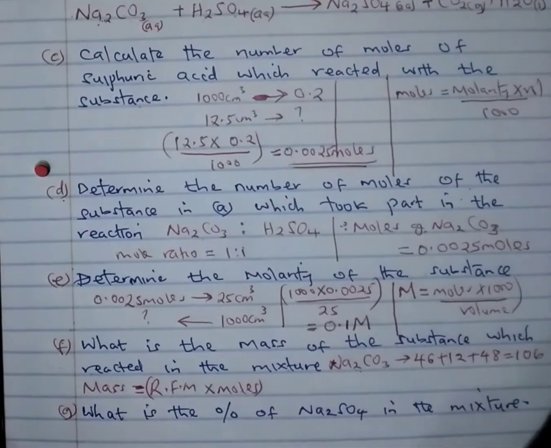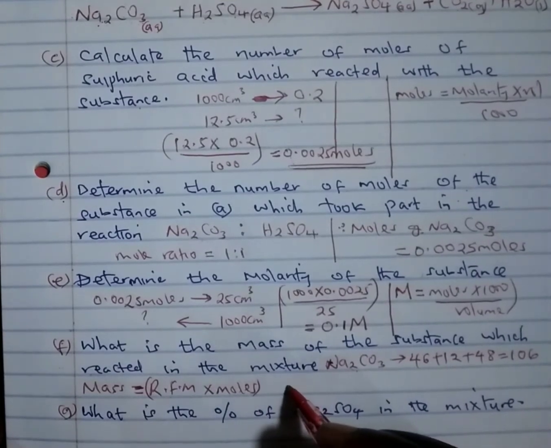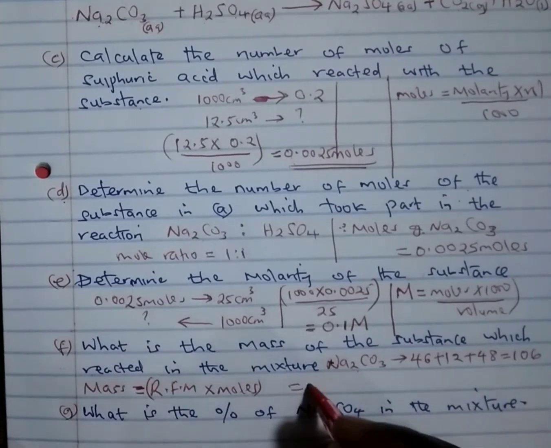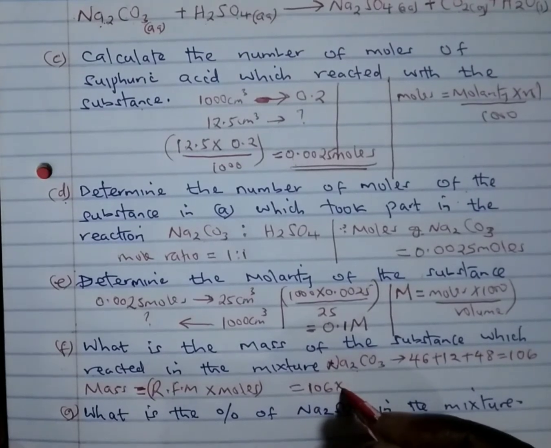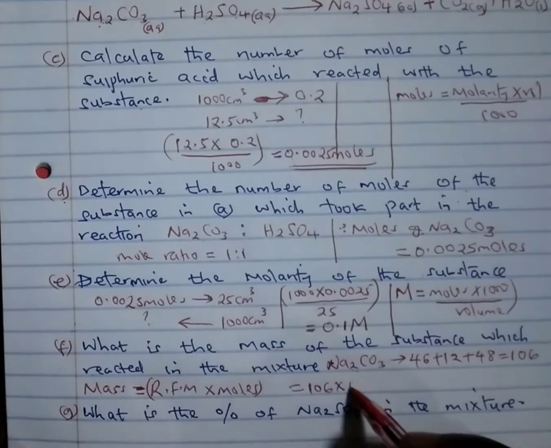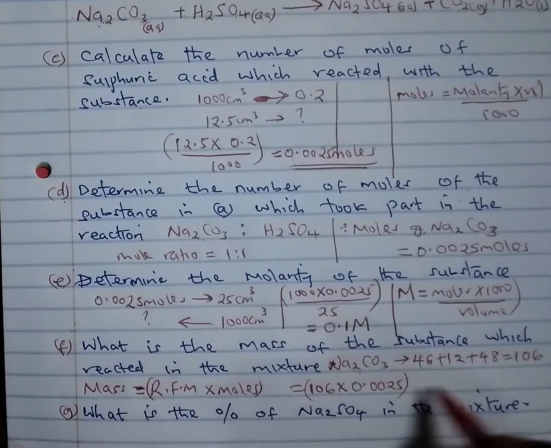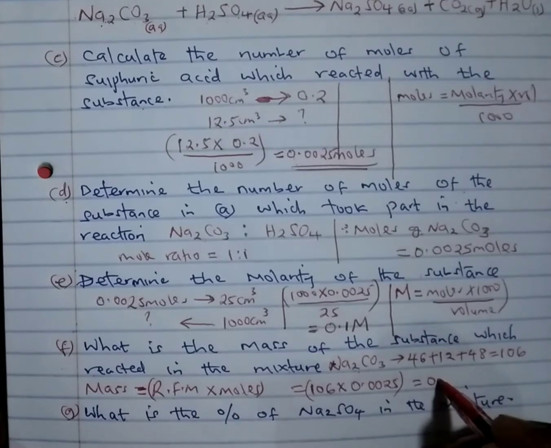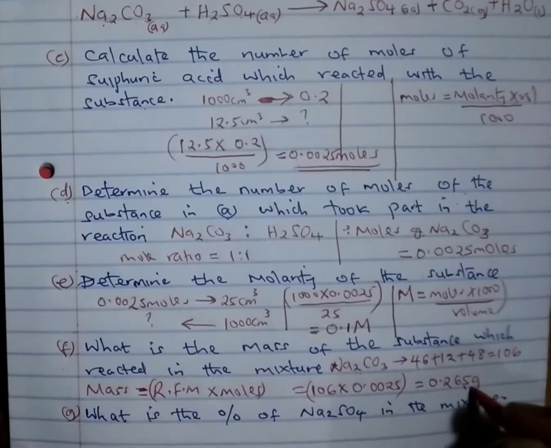From there, we can proceed and get the mass. In this case, therefore, to get the mass, we take the relative formula mass or the molar mass of sodium carbonate, which is 106. We multiply by the number of moles, and already the number of moles have been found to be 0.0025. And this one is going to give us a mass equal to 0.265 grams.